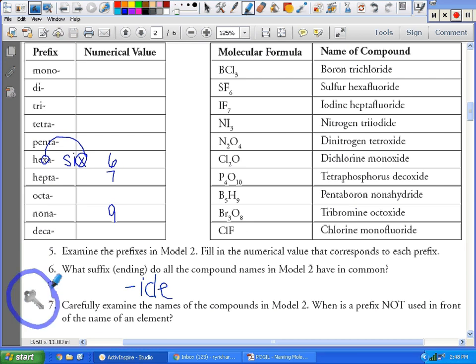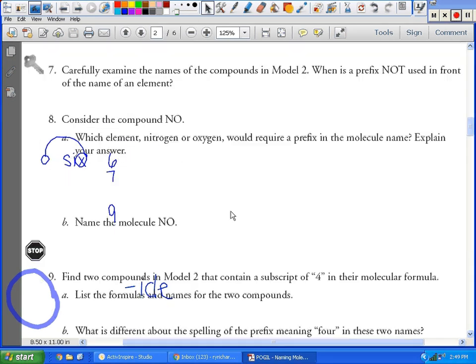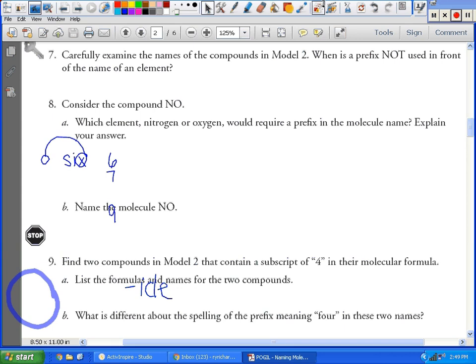Carefully examine the names of the compounds of Model 2. When is a prefix not used in front of the name of an element? Now, there's a little trick to that, because I don't necessarily like how probably some of you wrote that, and this is fine. So here's how I want you to adjust it.